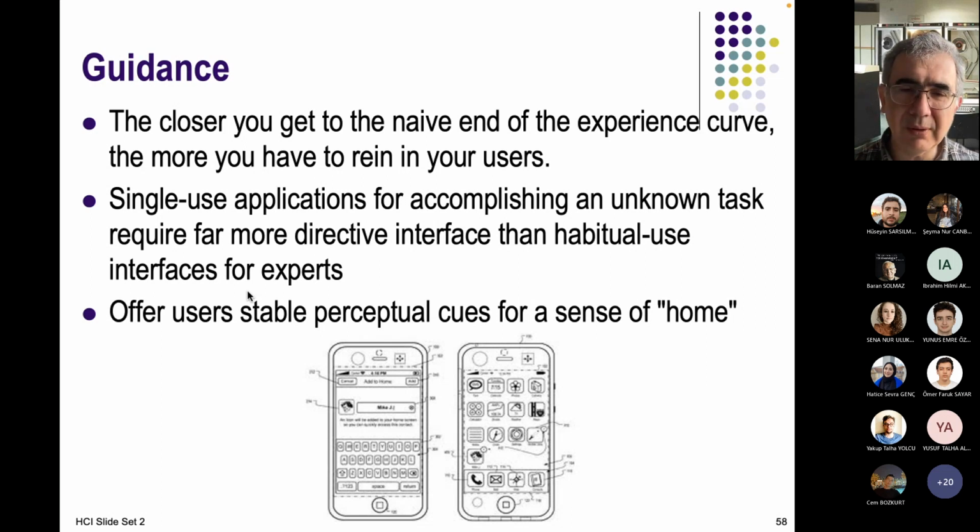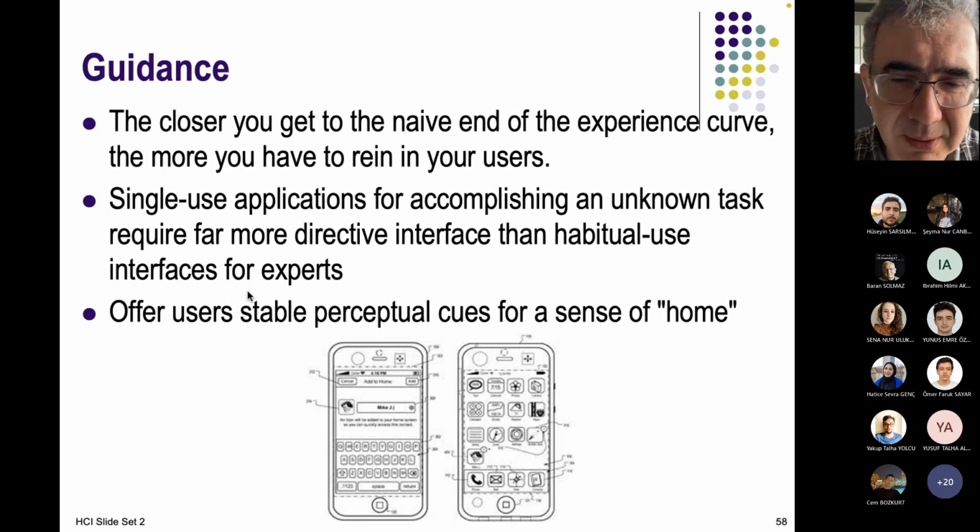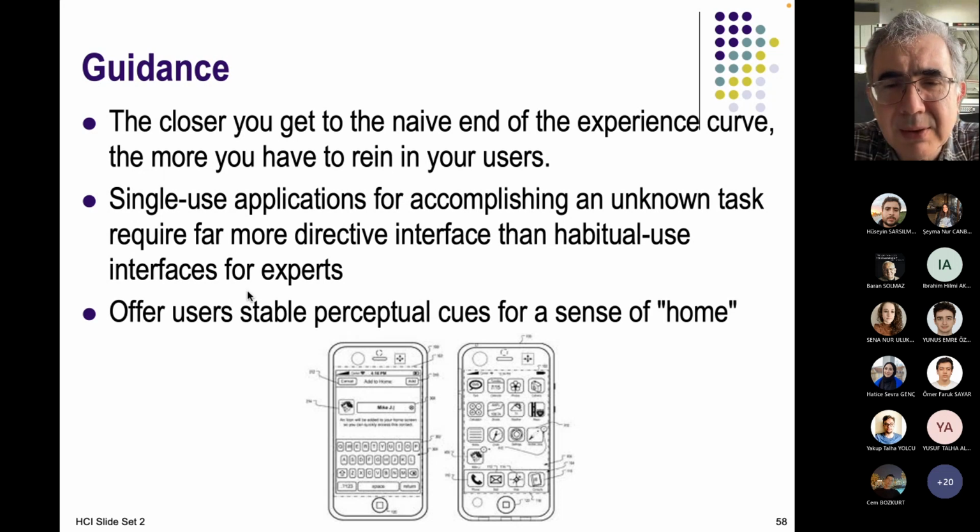So if you can easily go back to the home screen and home presence, then people will like it. So in the iPhone, for example, going back to home is relatively easy. Therefore, people are not afraid, because if they don't like it, they just press and come back to home.